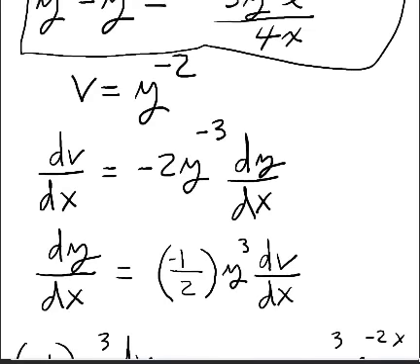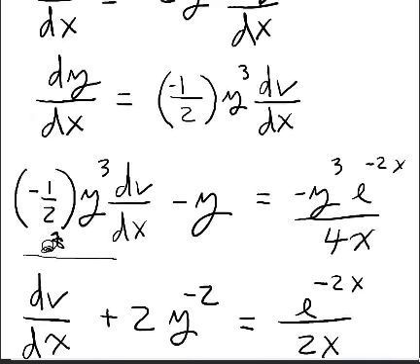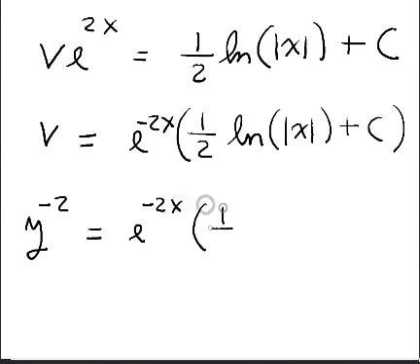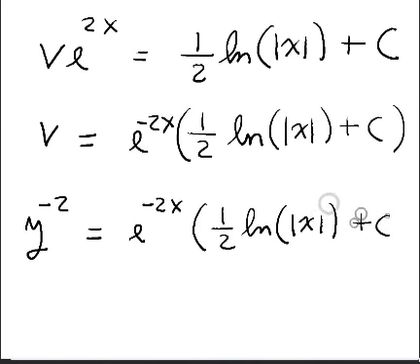Here we see that v is actually y to the negative 2nd power. So y to the negative 2 power is equal to e to the minus 2x times 1/2 the natural logarithm of the absolute value of x plus a constant.